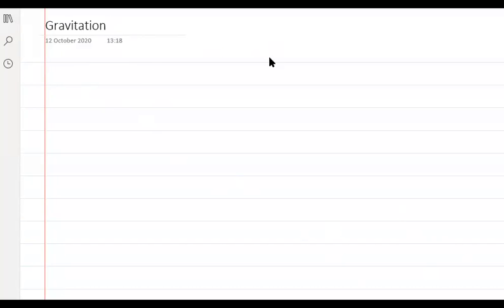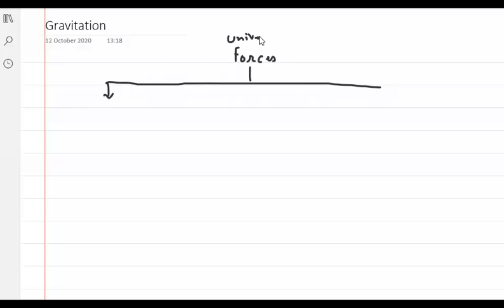Now when we talk about universal forces, we have mainly three types of forces. What is the meaning of universal forces? So I'm just talking about universal forces. Okay, my handwriting is very bad.